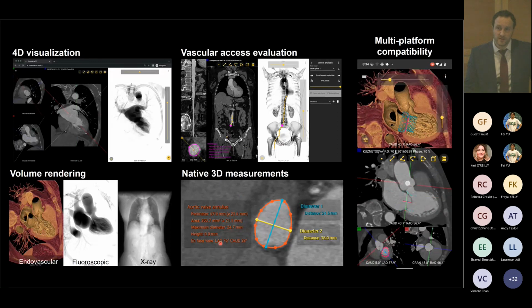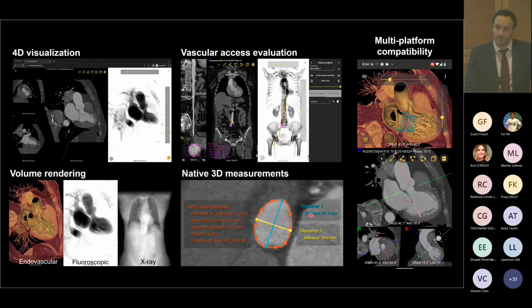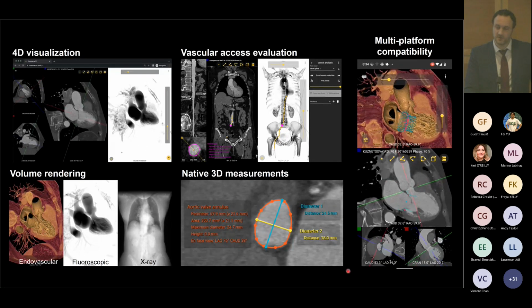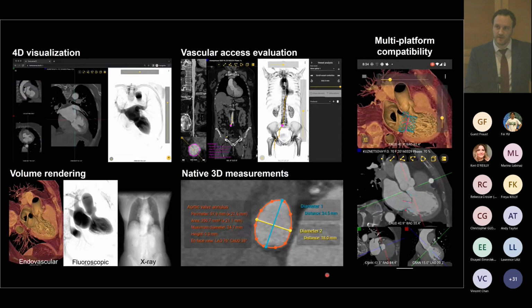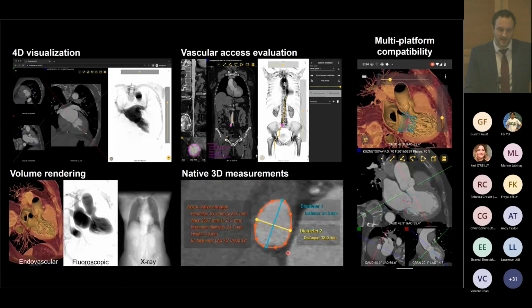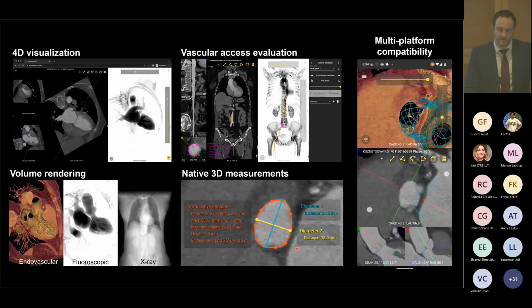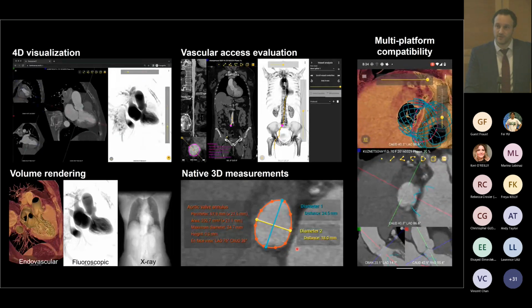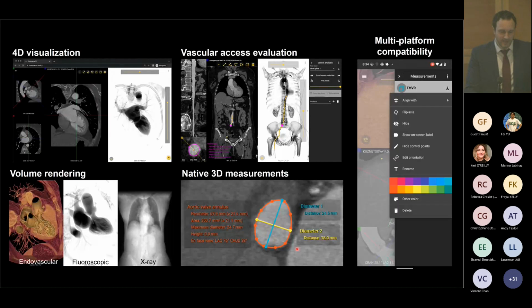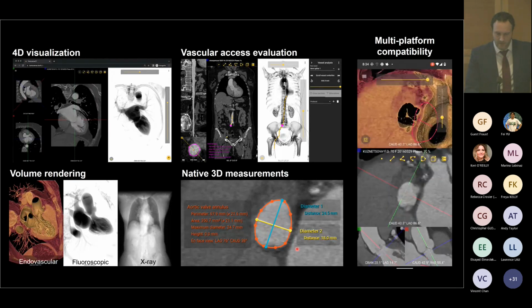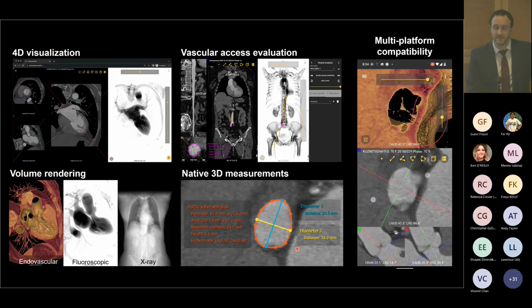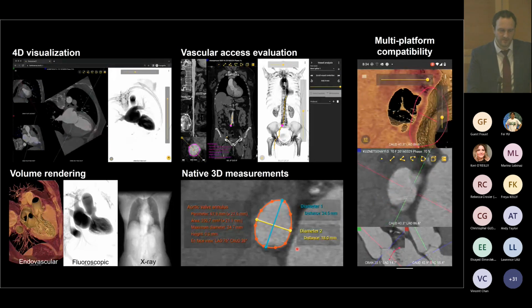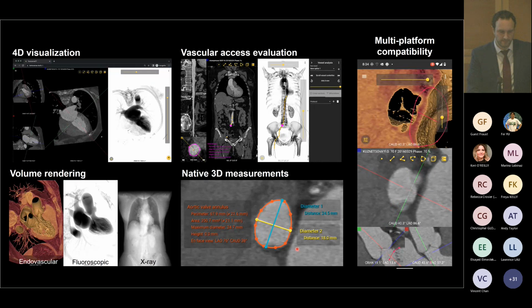And because we used a modern software architecture for the development, it's a fully multi-platform software, so we can actually use it on a cell phone. Cell phones have become quite powerful, so you can actually analyze the CT scan and look at the size of your aortic valve annulus on your cell phone if you need to. It's a side effect of using a nice modern platform for the development.